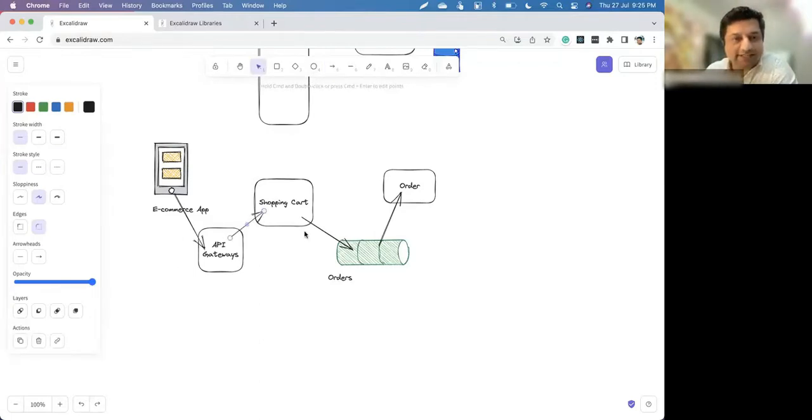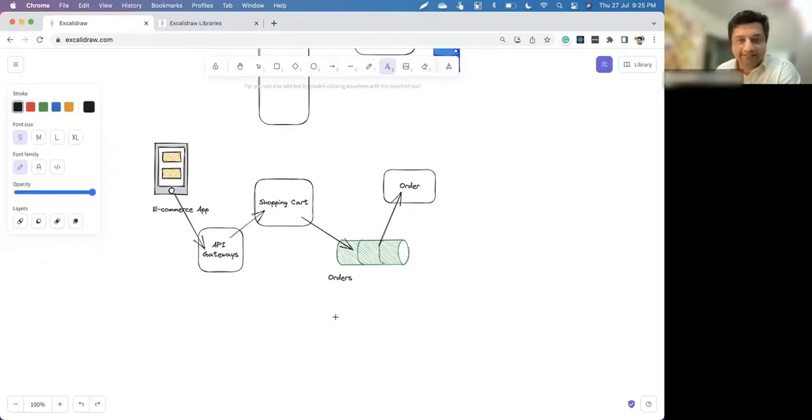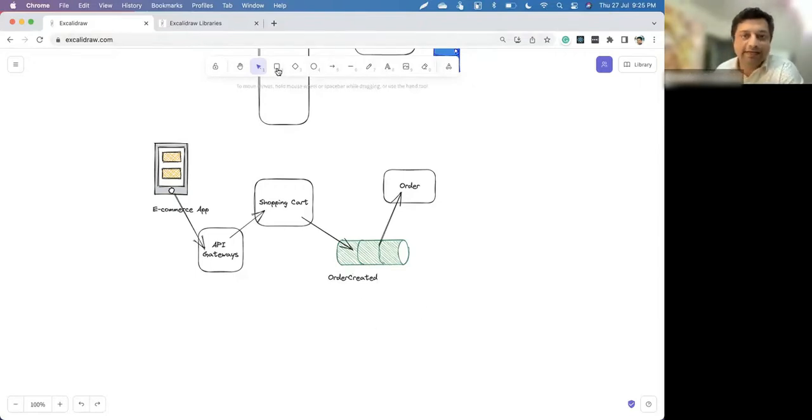Yes, shopping cart is displayed in the app. User does the ordering from this shopping cart. So shopping cart status is updated to ordered. So what you can do, you can trigger an event, say order created, right here.